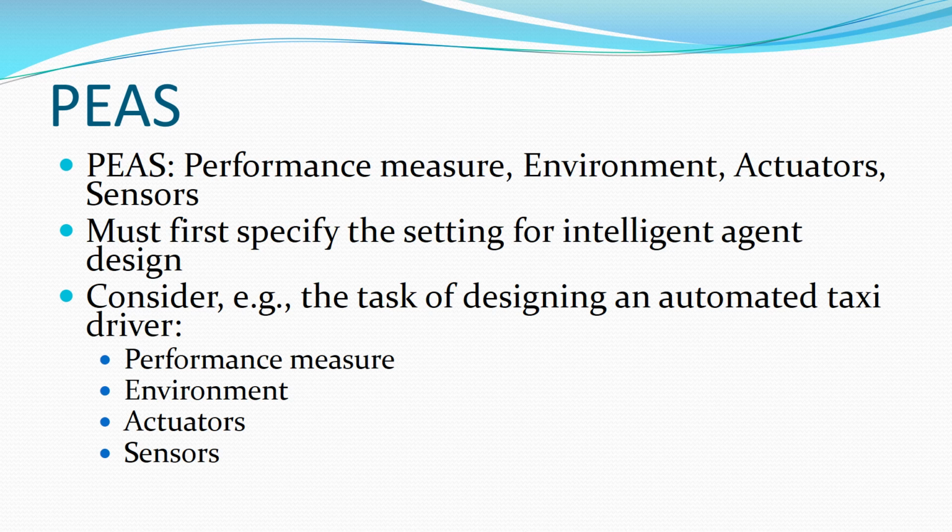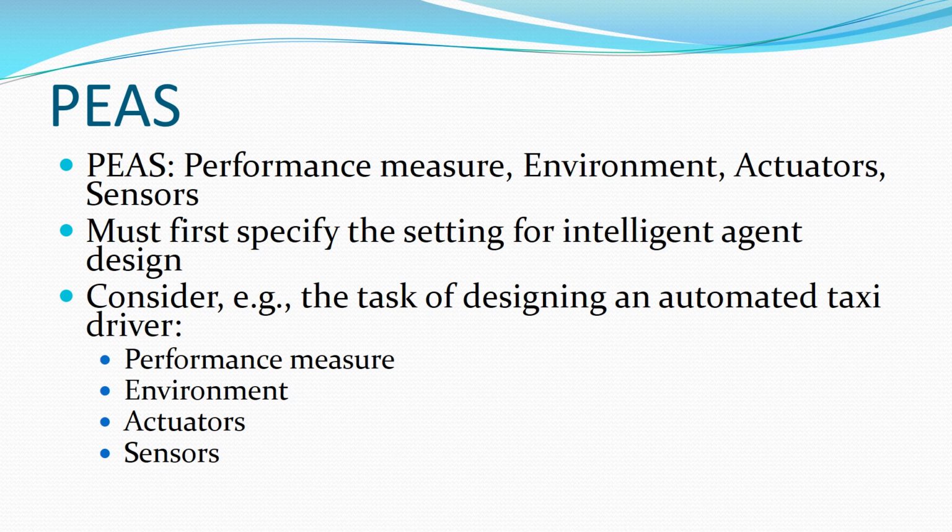Whenever we are going to design an agent program, we have to specify the performance measure, the environment, and the agent's actuators and sensors. We will group all these together under the heading of task environment.